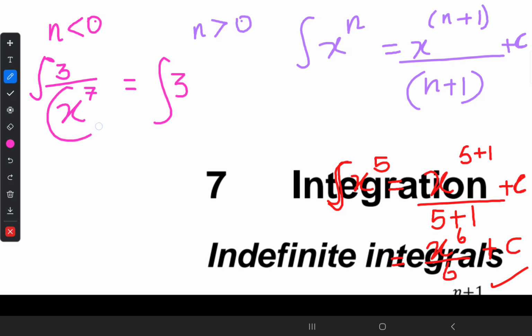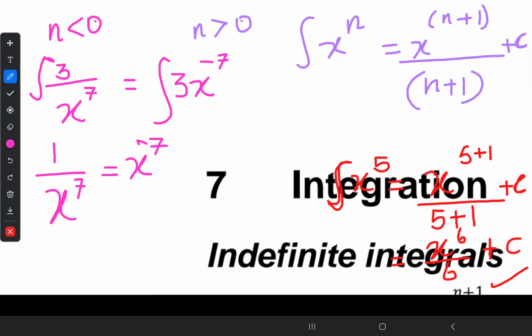When we take the denominator x to the power of 7 to the numerator, it becomes its negative power, x to the power of negative 7. That means 1 upon x to the power of 7 becomes x to the power of negative 7.